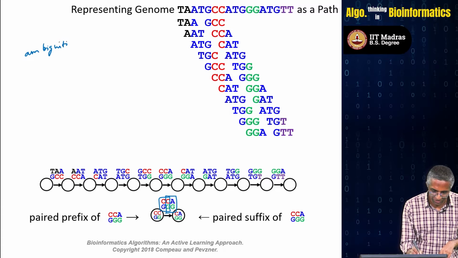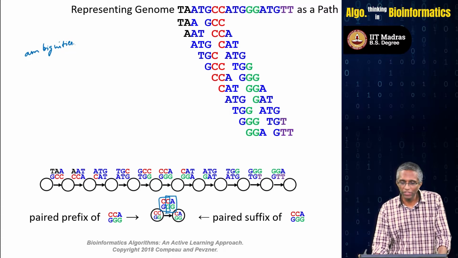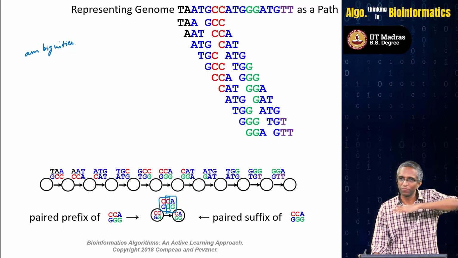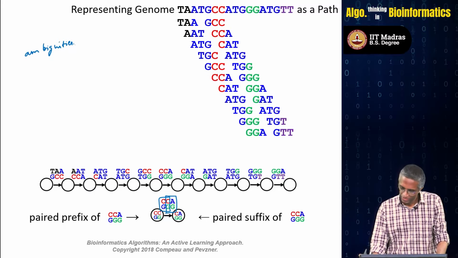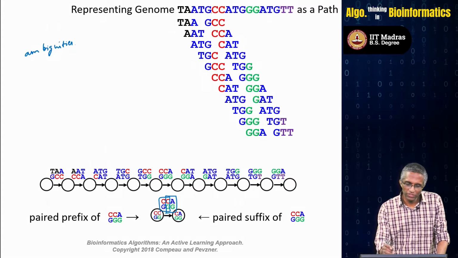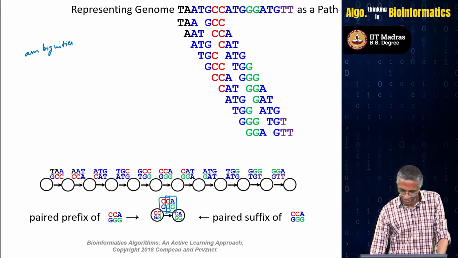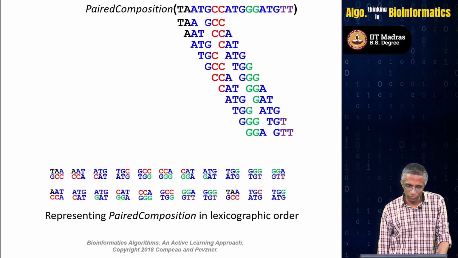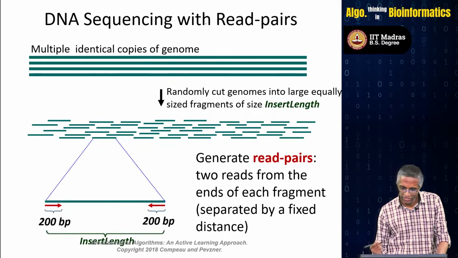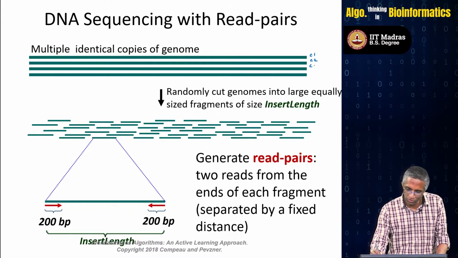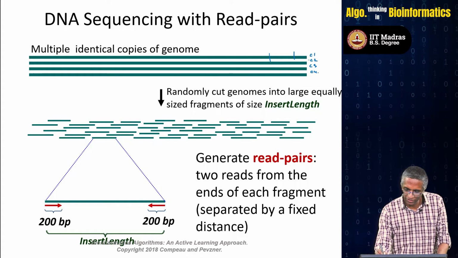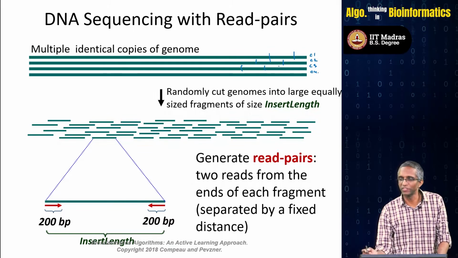There are ambiguities because of this experimental process, like we said: every genome is duplicated multiple times using PCR or other experimental processes. Different composition will be there. Exactly, because this random shearing will happen at different places in the different copies, right? This is copy 1, copy 2, copy 3, copy 4, and in some of them it may split here, but in another case it may split here, and in another case here, and so on.